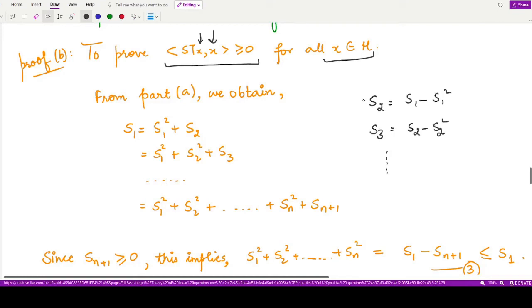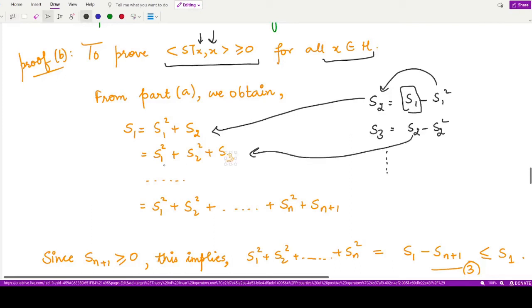So you see from here, if you wanted to write down the value of S1, what would it be? You will shift this to this side. So you have S1 square plus S2. Similarly, from here, if you wanted to write down the value of S2, it would be S2 square plus S3.